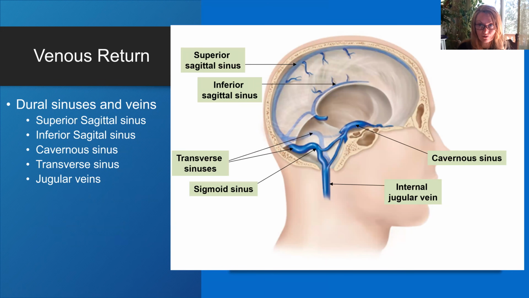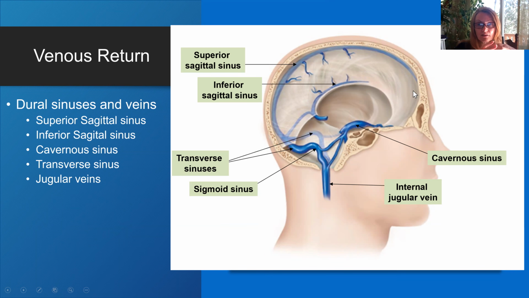And then we need to return blood back from the brain to the heart, and it's done by venous circulation. And we have sinuses. So sinuses are veins, but they are just large and flat veins. And here you can see the superior sagittal sinus, inferior sagittal sinus, transverse sinuses, cavernous sinus, sigmoid sinuses.